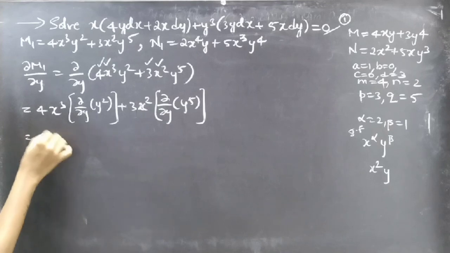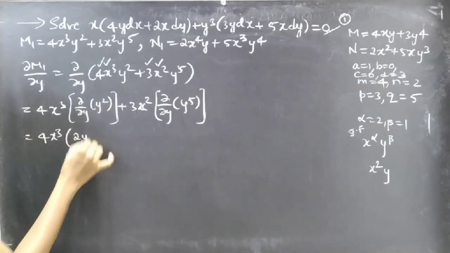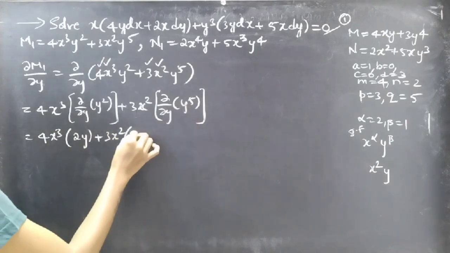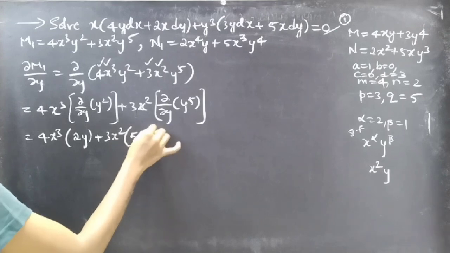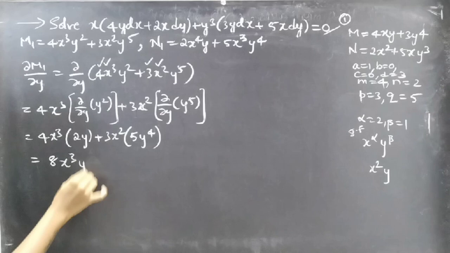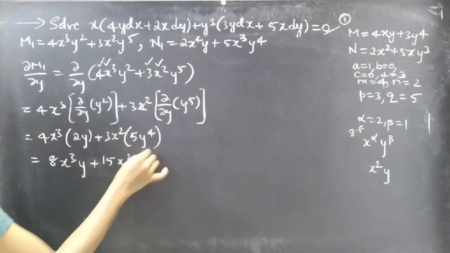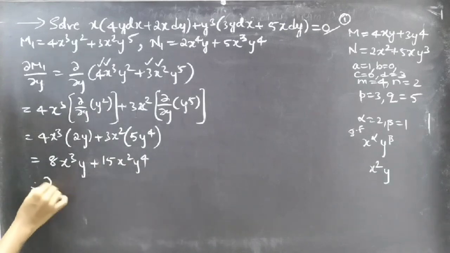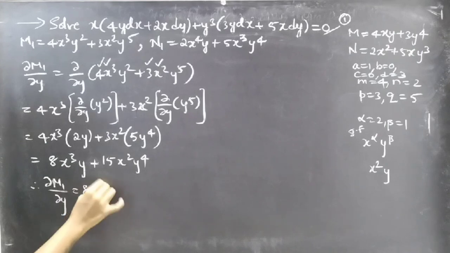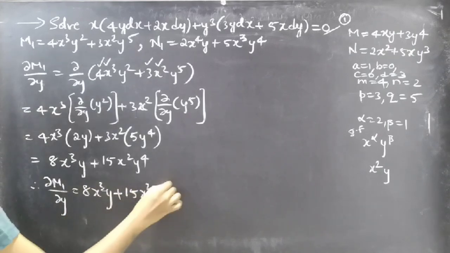This gives us 4x³ into 2y, plus 3x² into 5y⁴. 4 2s are 8x³y plus 3 5s are 15x²y⁴. Therefore, partial derivative of M1 with respect to y equals 8x³y + 15x²y⁴.